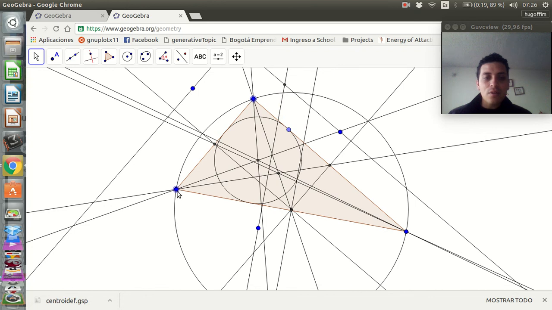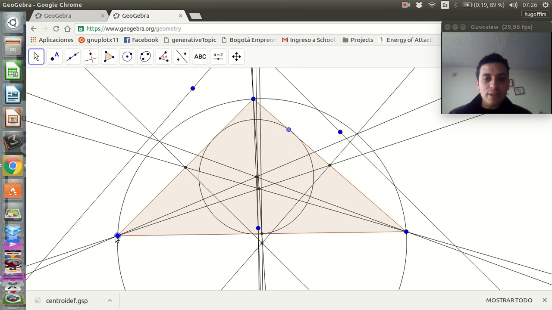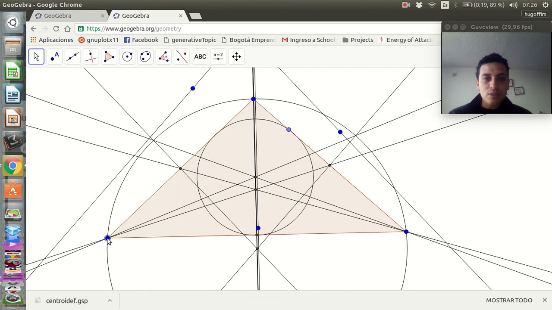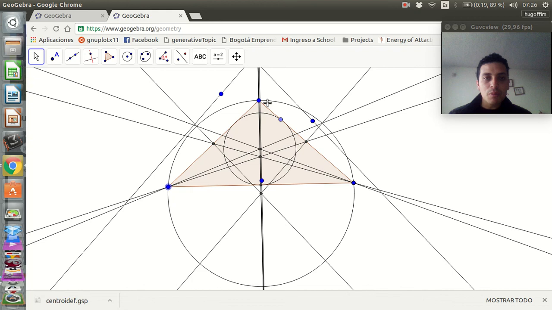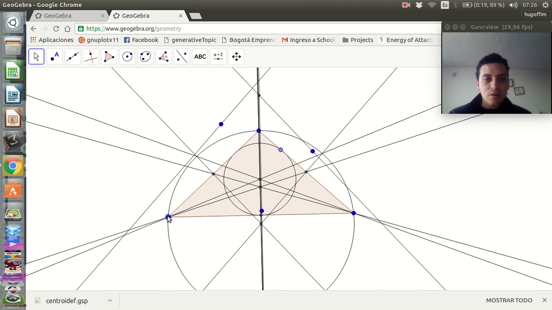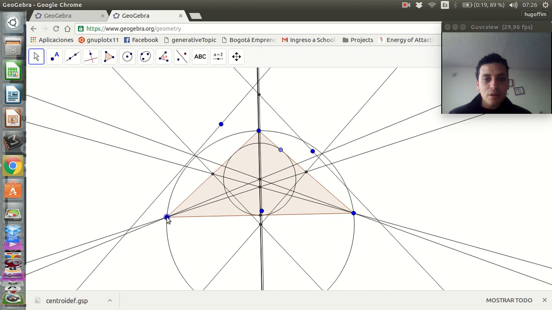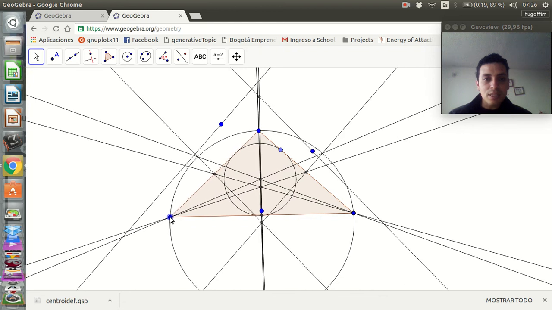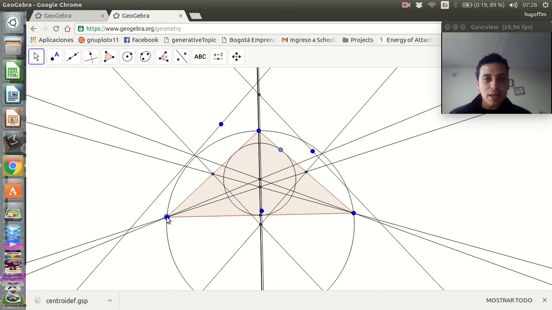Okay, and now I'm going to fit all the points into the same line. What's going to happen if I put the circumcenter, incenter, and orthocenter on the same line? We're going to have an isosceles triangle. The isosceles triangle should have all the concurrency points on the same line.